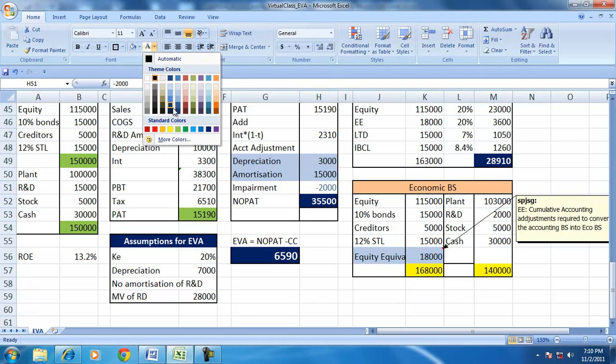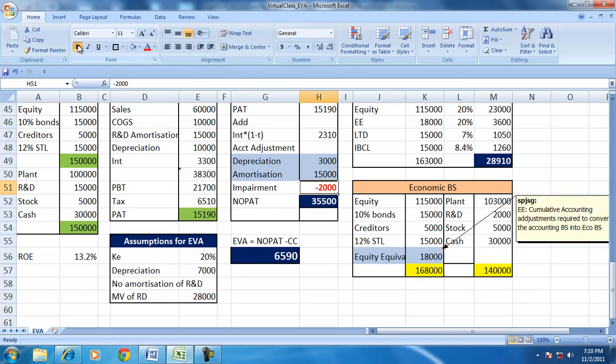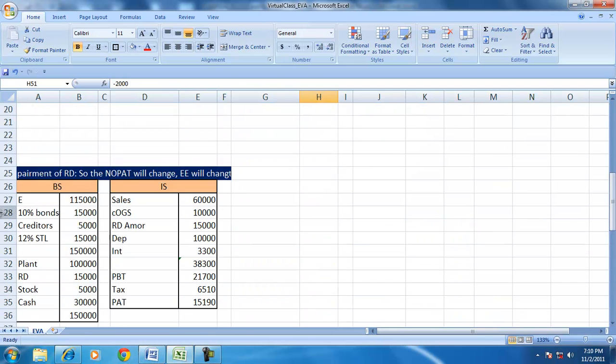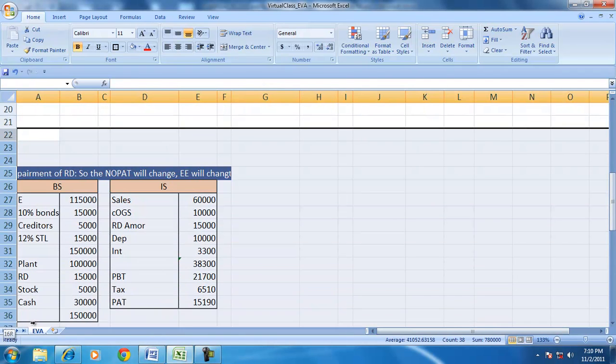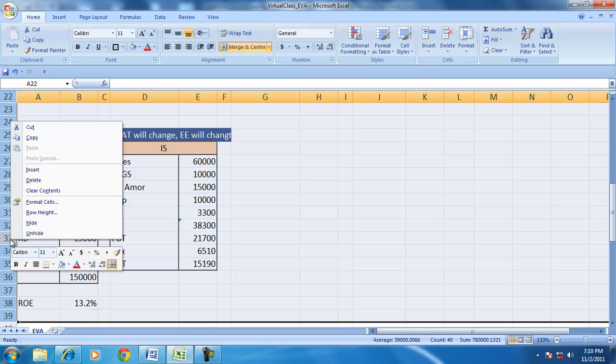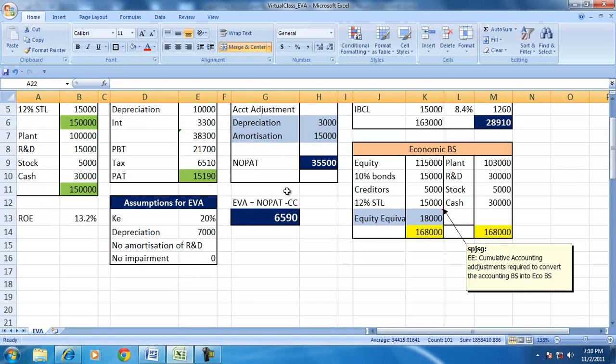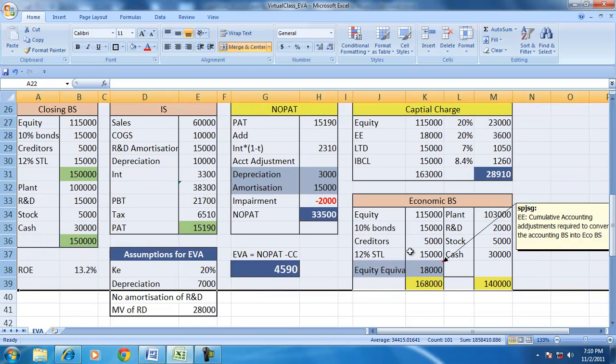That has to be shown in the adjustments for converting the accounting profit into NOPAT. So the NOPAT will not be the same as the previous one. The NOPAT comes to 33,500. Observe that, whereas here the NOPAT was 35,500.